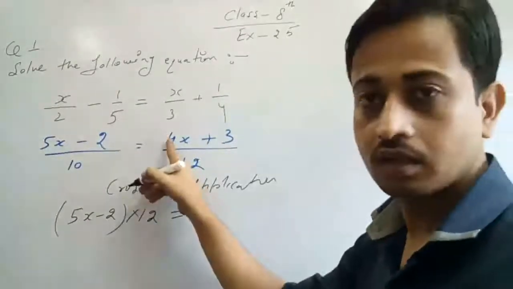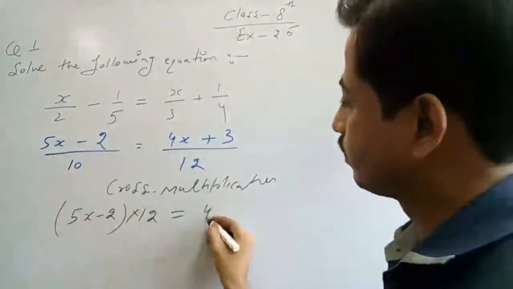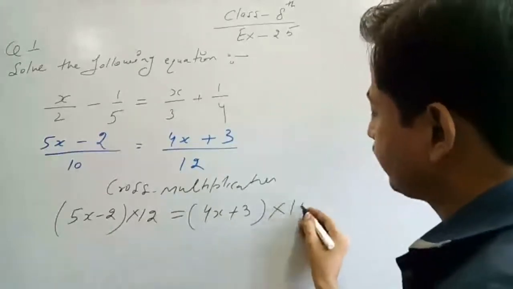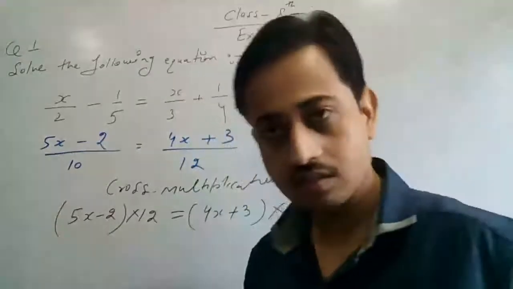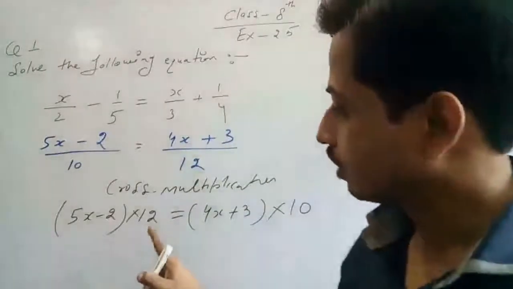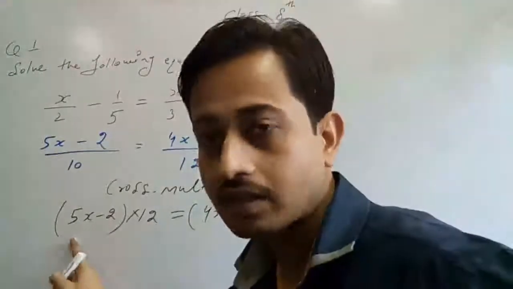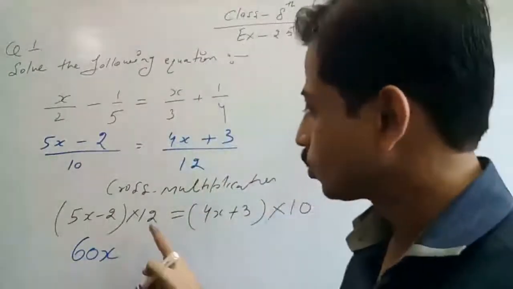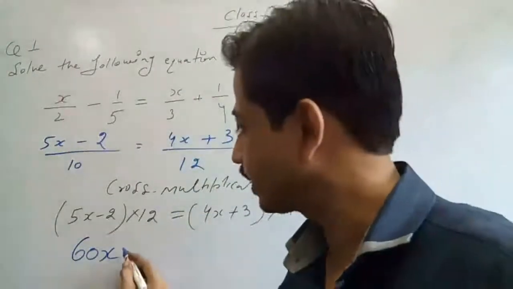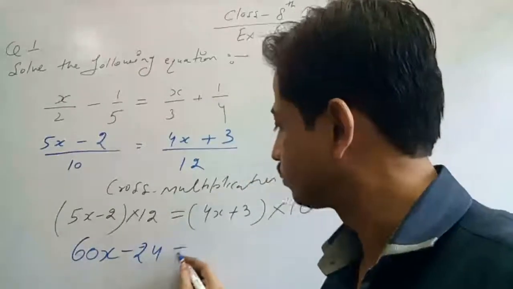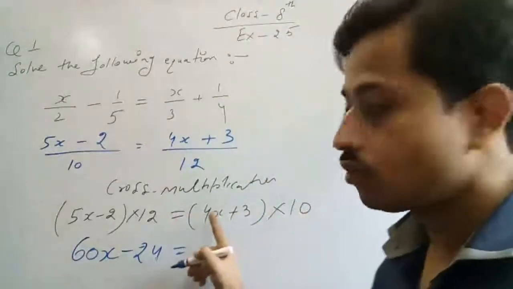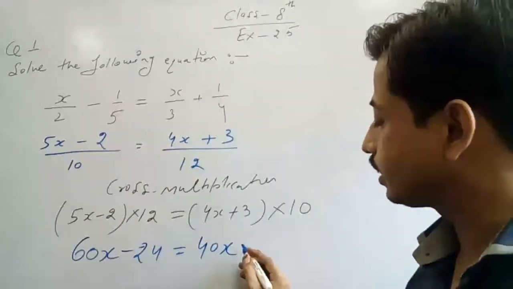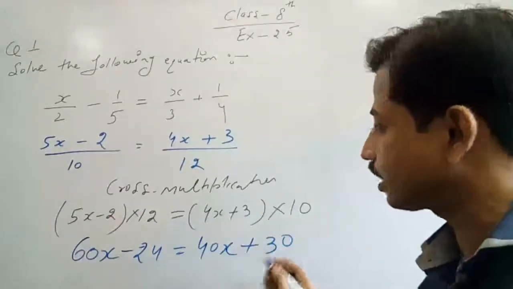And here we have to multiply with 10, 4x plus 3. We have to multiply it with 10. It's very easy. Now you have to multiply. 12 into 5x, we get 60x. 12 into minus 2, we get minus 24. Do the same: 10 into 4x, we get 40x. 10 into 3 we get 30.